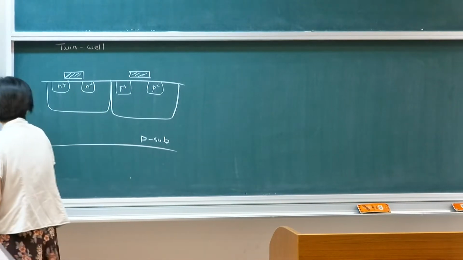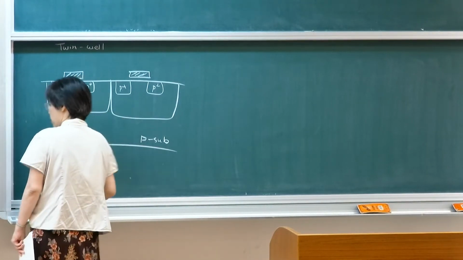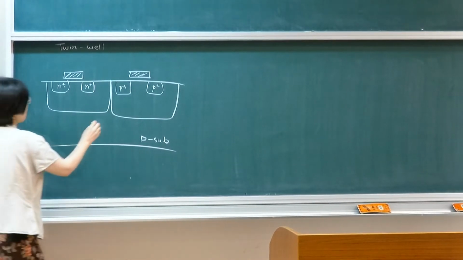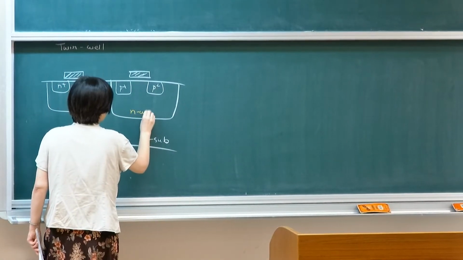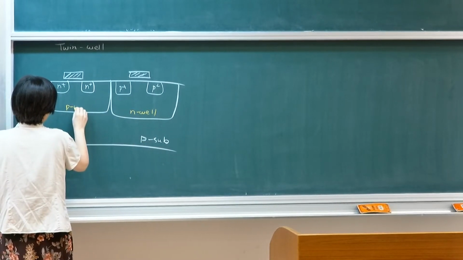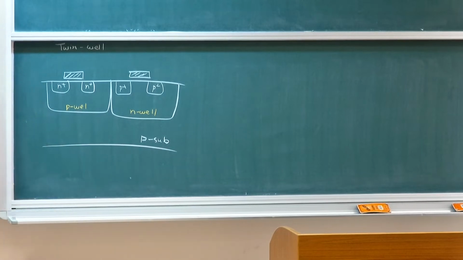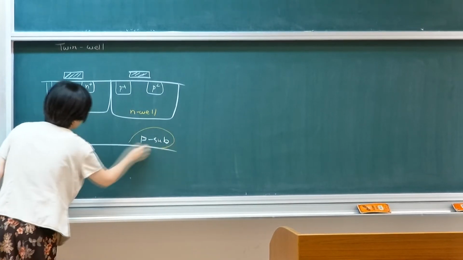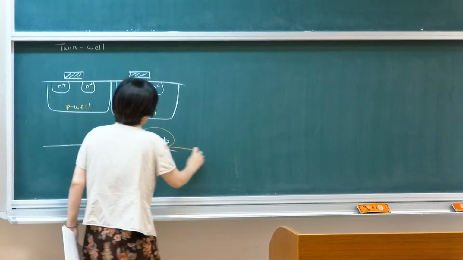And what happens is that you would then have N wells, and these are P wells. But because the P well is connected to the P substrate, you only have one substrate.